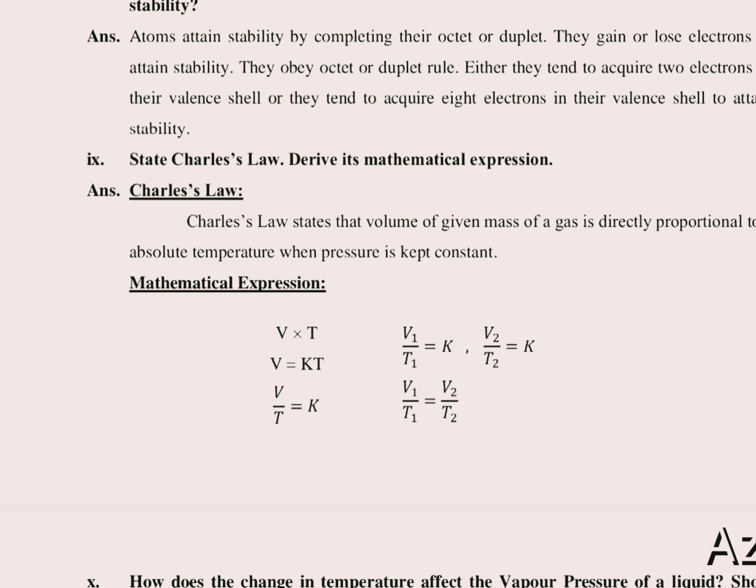So in that way, if you convert your relation into an equation, you have to put the constant. So k is the constant here, you rearrange it, k is equal to V by T. Just suppose you have two systems, two cylinders in which the gas is there, and the temperature is 30 degrees and the volume is 1 decimeter cube, and on the other hand you raise the temperature up to 60 degrees centigrade and the volume becomes doubled or more than that, 2 decimeter cube, 2.5 decimeter cube, whatever the value.